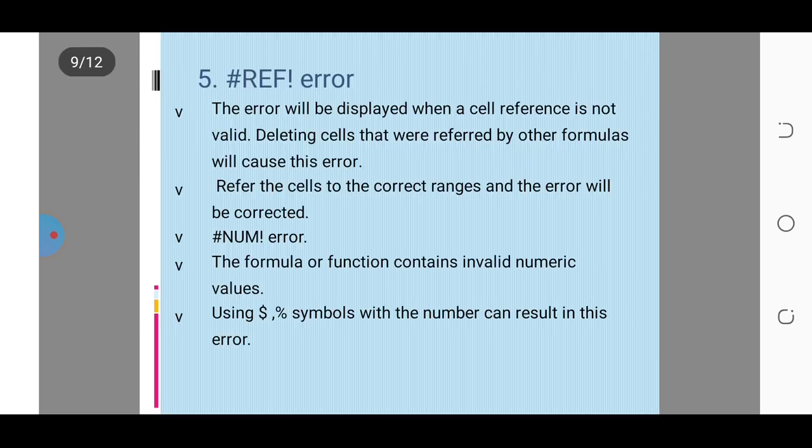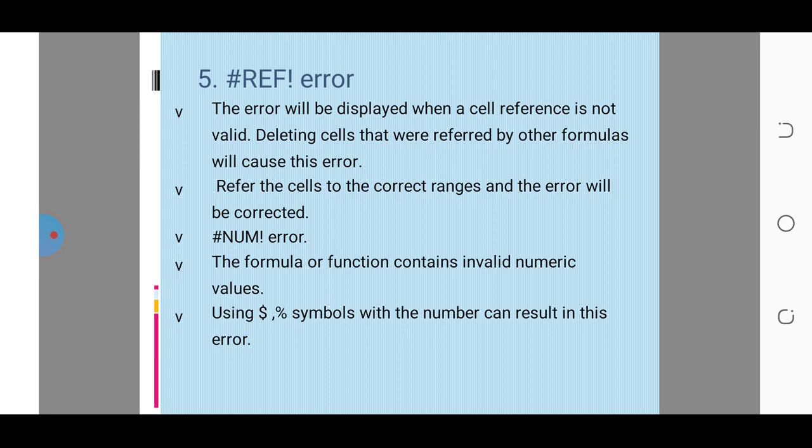The other error is the reference error, and it will be displayed when a cell reference is not valid. Deleting cells that were referred to by other formulas will cause this error.